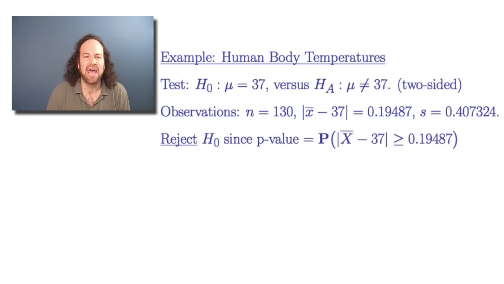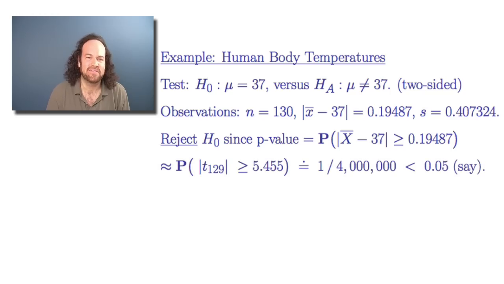And again, we decided to reject the null hypothesis that the true normal body temperature was 37 degrees, and we rejected it because, again, we computed a p-value. In this case, we're saying, what is the probability that the observed value of x bar would differ from the hypothesized value, in this case 37 degrees, by as much as it did in our own observations?